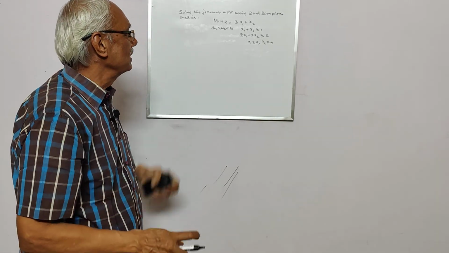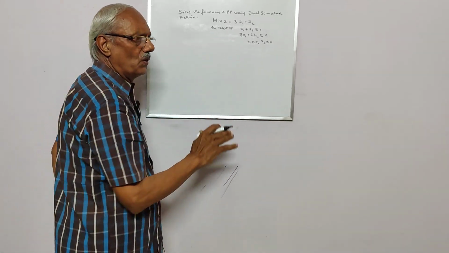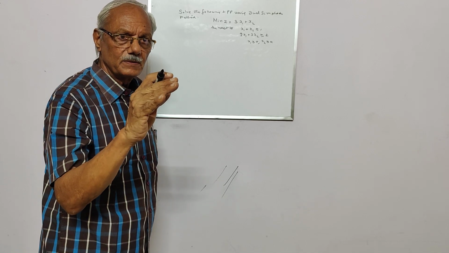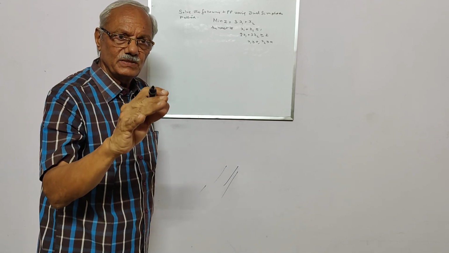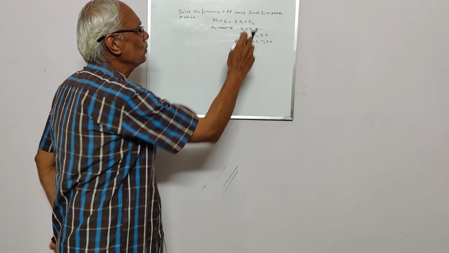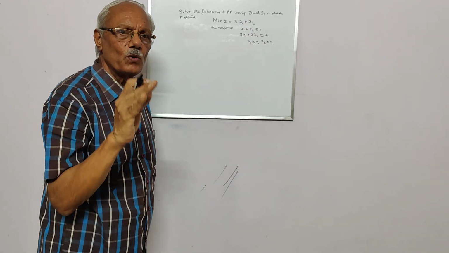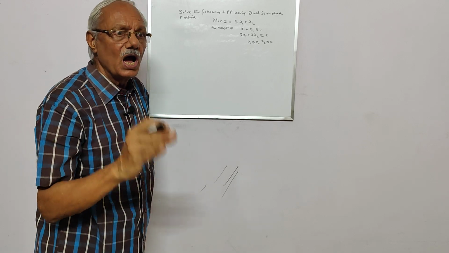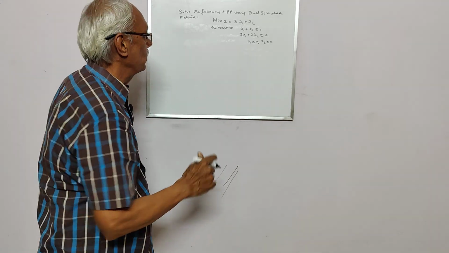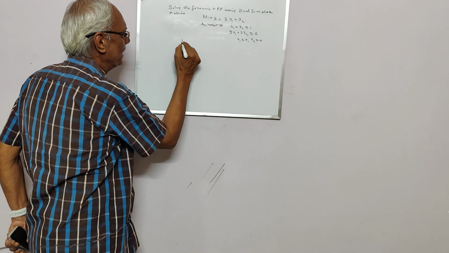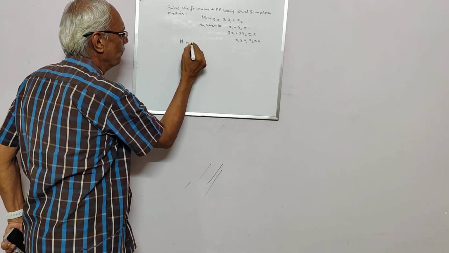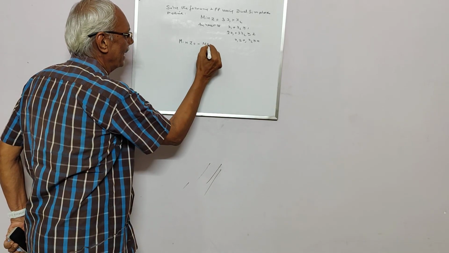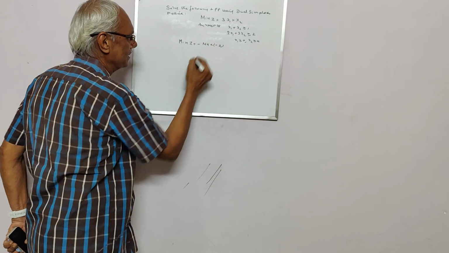Now, here you see that whenever you come across problems in minimization, better change it to maximization. Particularly in this dual simplex method, any problem that is given as minimization must be changed to maximization. How that is done, I will tell you now. See, min of z is equal to minus max of minus z.